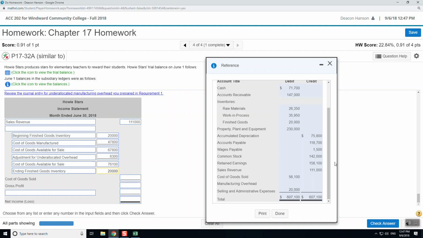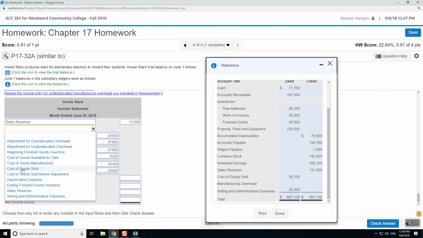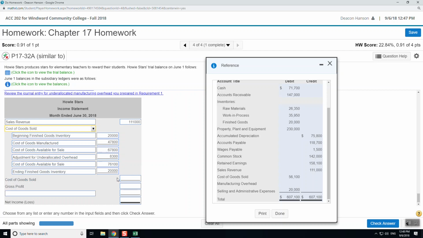We'll subtract it. Now I don't know if they want it in parentheses for negative, but we'll go 56,100. Maybe I should put it in parentheses since we're subtracting, okay.